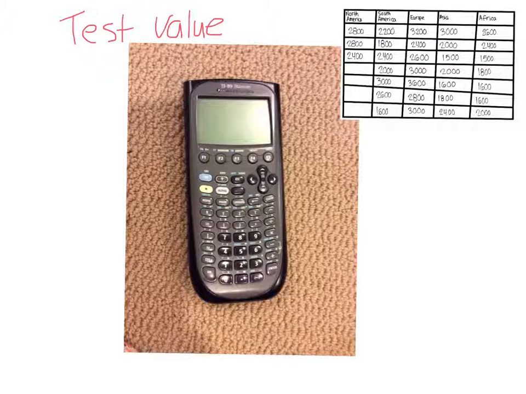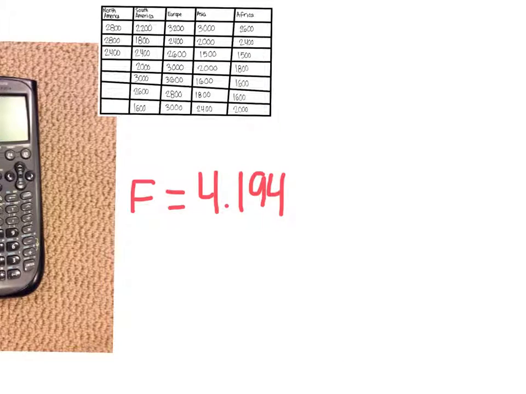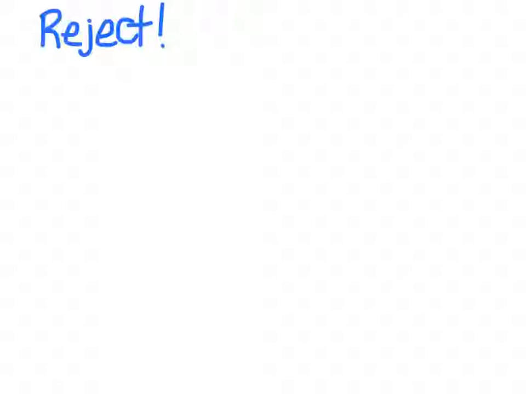As you can see, it says list 1, 2, 3, 4, and 5, but make sure you write again list 1, list 2, list 3, list 4, and list 5. Once you press enter, your test value will be shown as F, which equals for this problem 4.194.